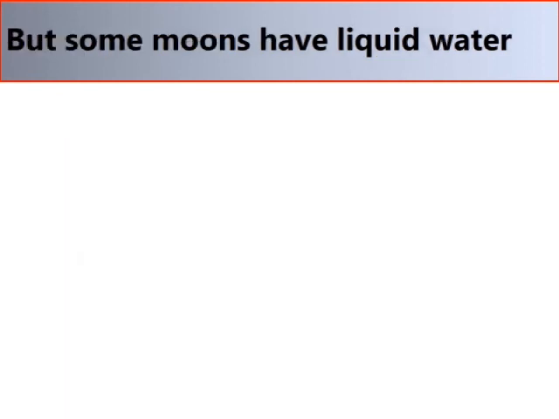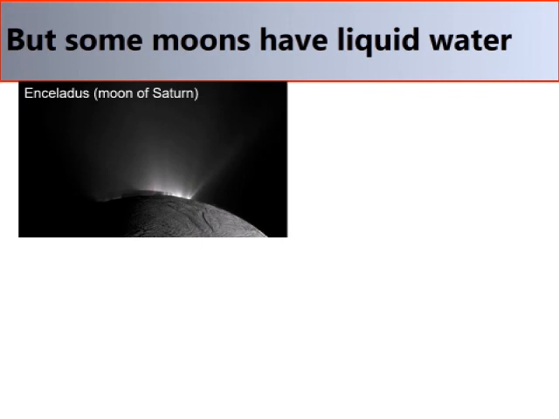But some of the moons in the solar system have liquid water as well. This is a moon called Enceladus. It's a moon of Saturn, and when a spacecraft flew past it, they discovered these plumes of material squirting up into space, and it was discovered that they were water and some chemicals squirting up through a kind of crack in the surface.